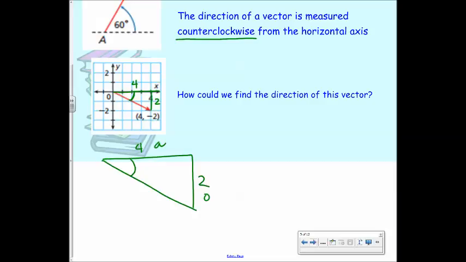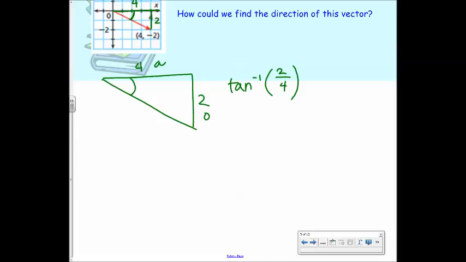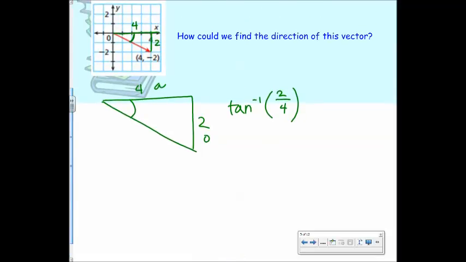So I'm going to do tan inverse of opposite, which is 2, and adjacent, which is 4. So tan inverse of opposite over adjacent. On your calculators, remember, to get tan inverse, you just do second tan. And it's an angle, so 26.57 degrees.